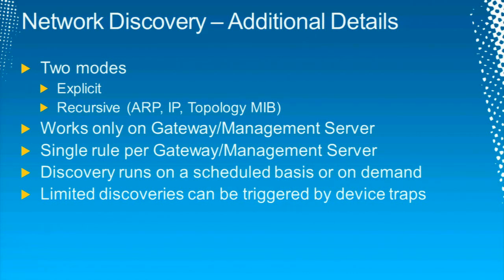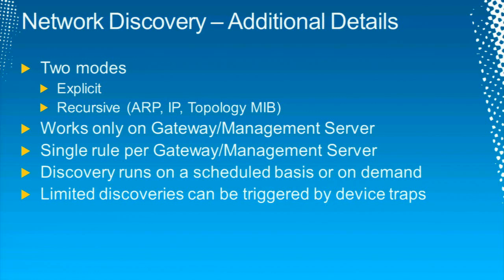We can discover and monitor from a gateway and a management server only, and we have a single discovery rule per management server and per gateway server. Now, as we saw in the wizard, we can schedule on demand, make a rule that runs manually and just run it, or make a schedule that it runs every night, for instance, to find all the new or updated devices.